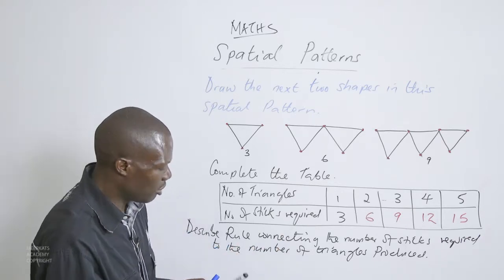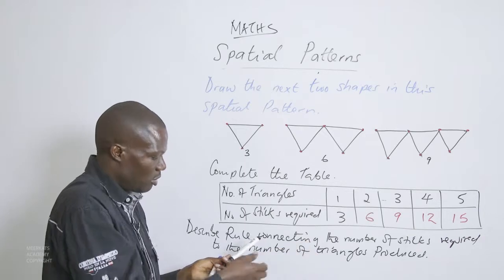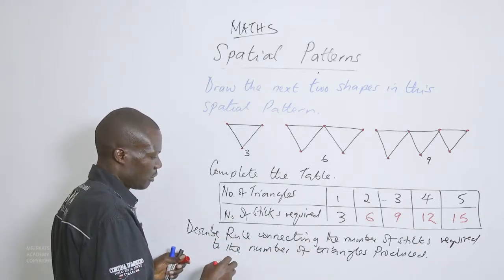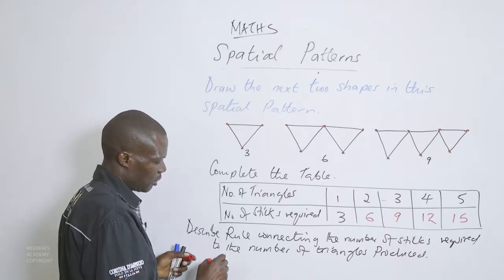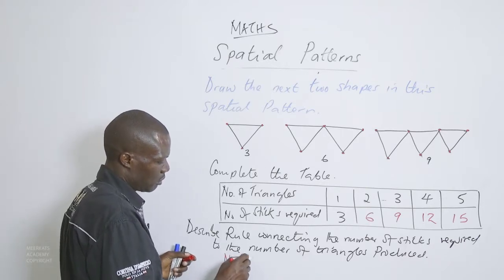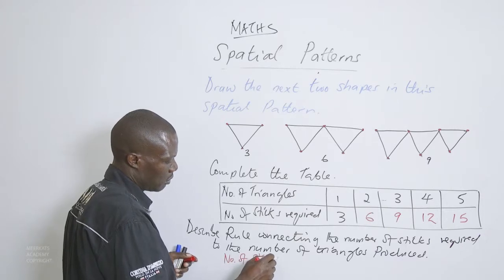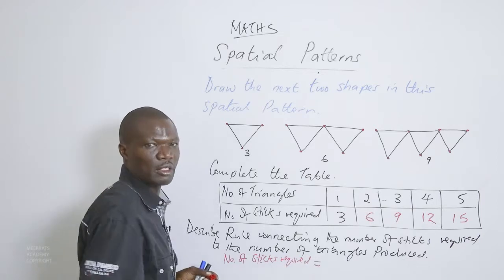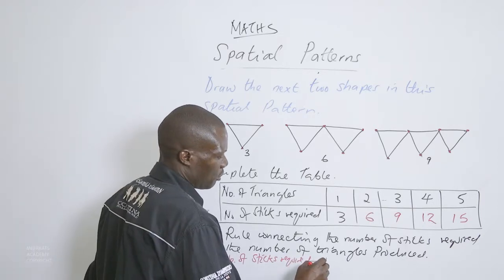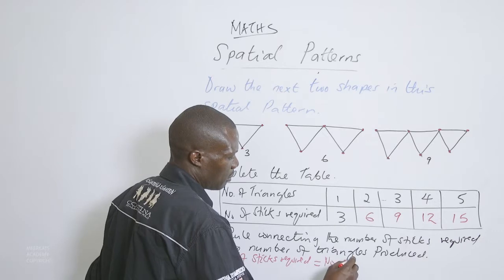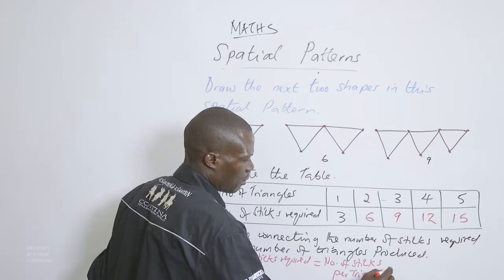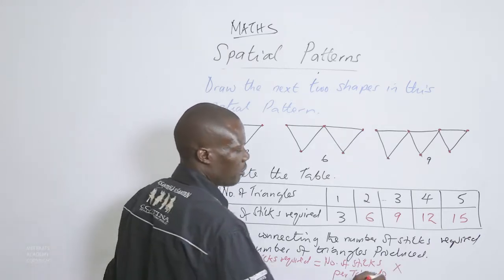So the rule would say: number of sticks required is equal to number of sticks per triangle multiplied by number of triangles.